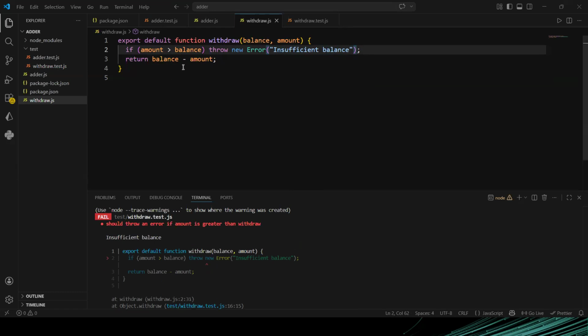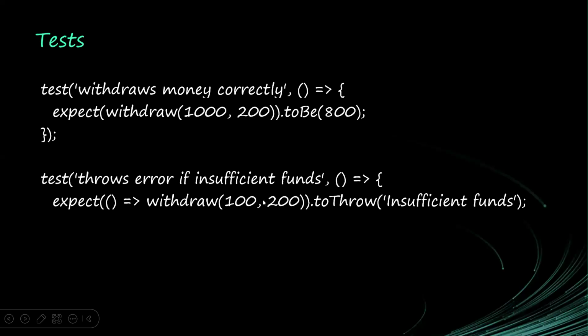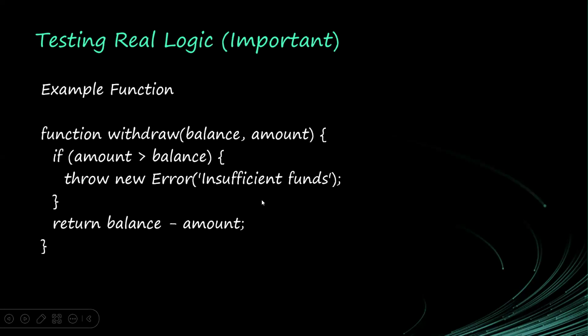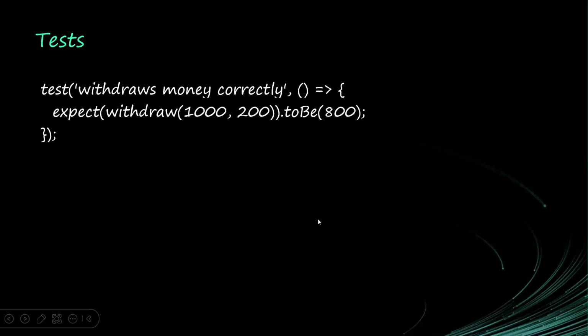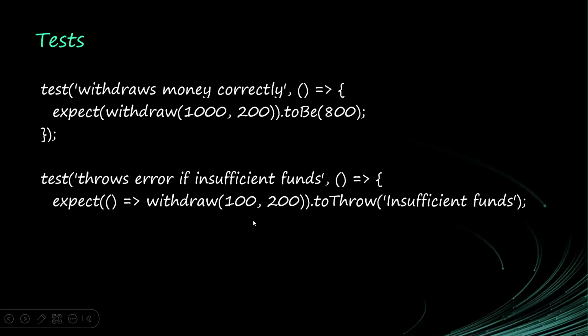If amount is greater than balance, throw new Error, insufficient balance, and otherwise return balance. And then the test, we expect this.